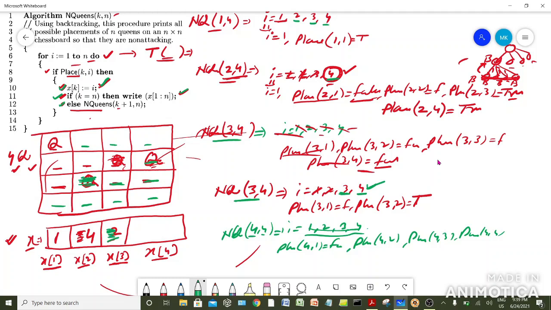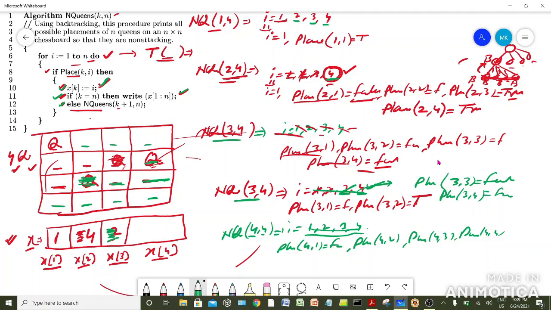Okay, now we need to pop this value and we need to check whether place of 3 and 3 is going to return true or not, but it is false, so I will not be able to pursue with this. Now check for fourth. If place of 3 and 4 is true, this one, which is again false, it means these all exhausted.